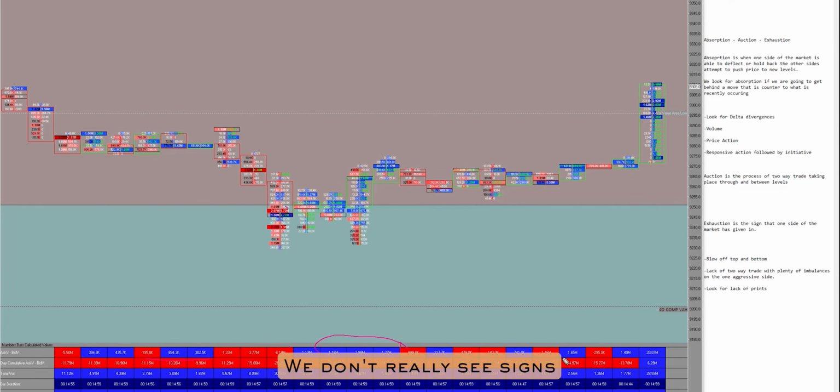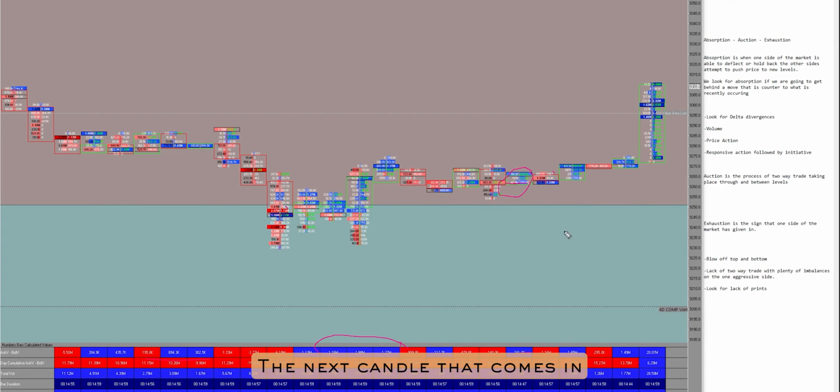We don't really see signs of any kind of aggressive selling that's doing anything. So you get one more spurt of 1.2 million, we're at just under 1.2 million contracts aggressively sold, but are unable to move price down. And this is with respect to a candle that was prior, and this is important, this is just a $1 million candle, positive 700,000 delta.